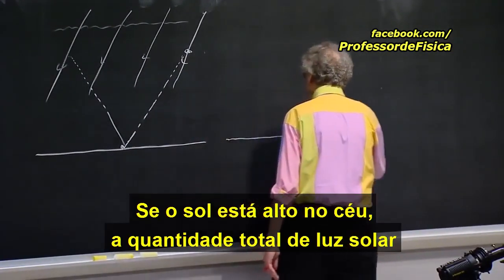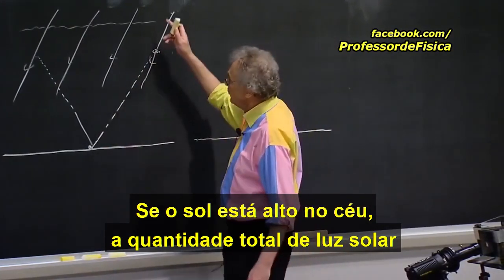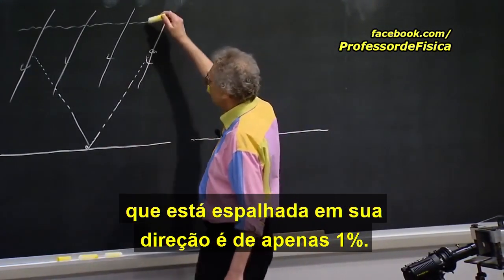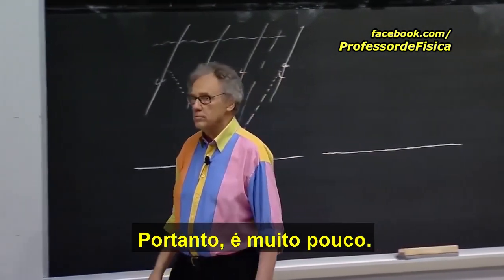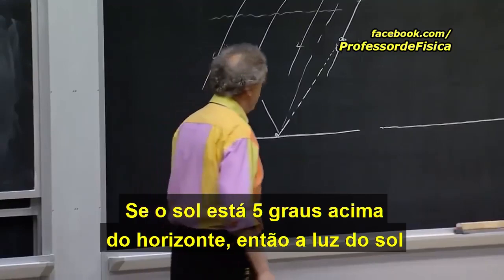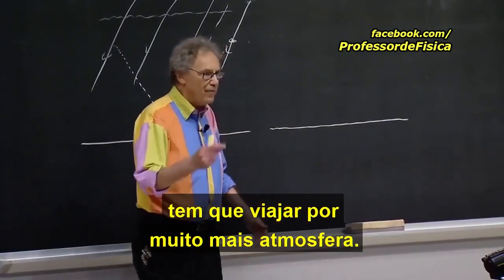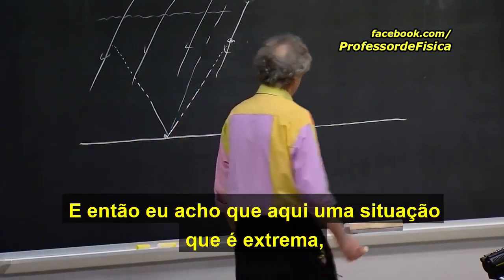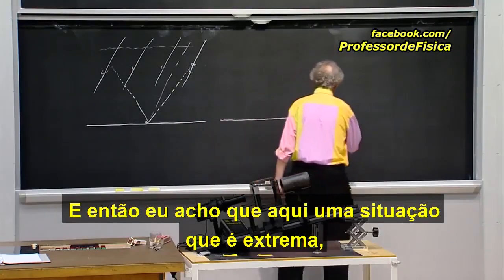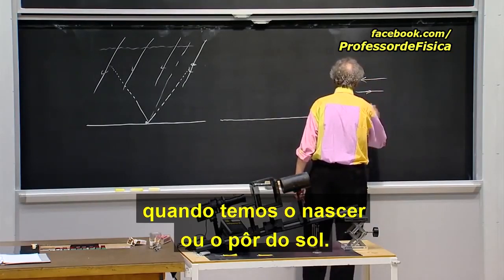If the sun is high in the sky, the total amount of sunlight that is scattered in your direction is only 1%, so it's very little. If the sun is 5 degrees above the horizon, then the sunlight has to travel through a lot more atmosphere. And so I take here a situation which is extreme when we have sunrise or sunset.